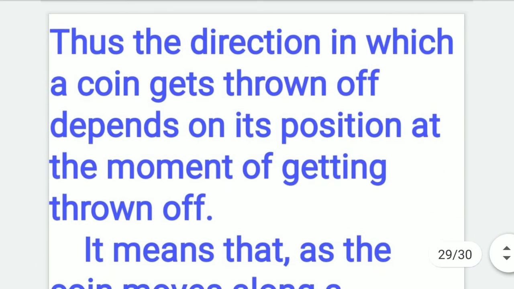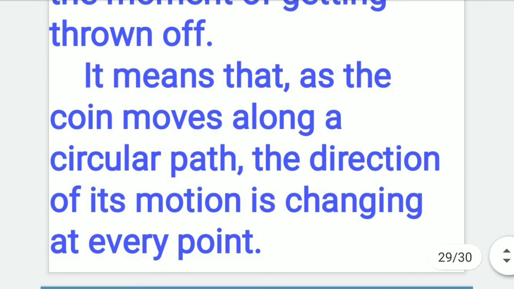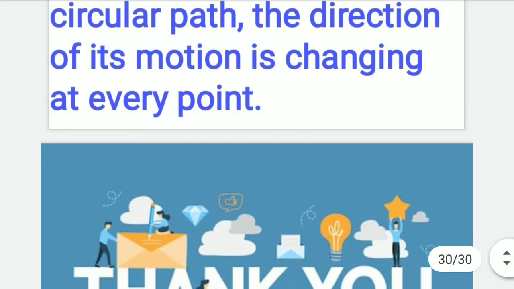Thus, the direction in which a coin gets thrown off depends upon its position at the moment of getting thrown off. It means that as the coin moves along a circular path, the direction of its motion is changing at every point. Thus, we studied today uniform circular motion.